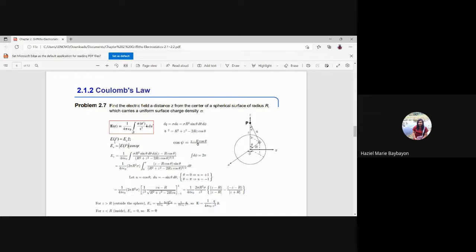Now, here, the only component of the electric field that remains, class, is this, E sub Z. So you have your E sub Z. As you can see, it is adjacent to angle theta. Wait, let me finish writing, class.